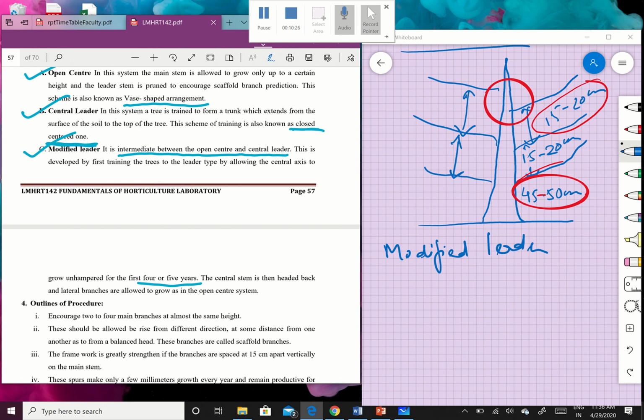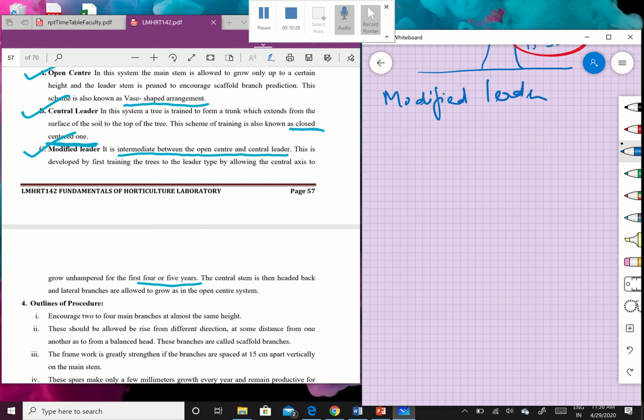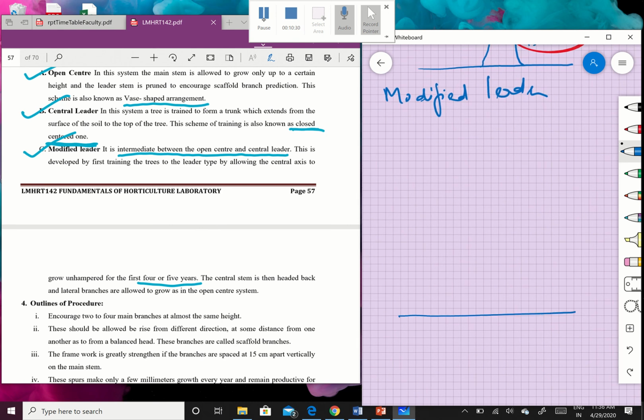So in this system, what will we do? In modified leader, this is the ground level. We are going to grow the tree uninterrupted. So the main stem, at least for 4 to 5 years, we will allow to grow uninterrupted.